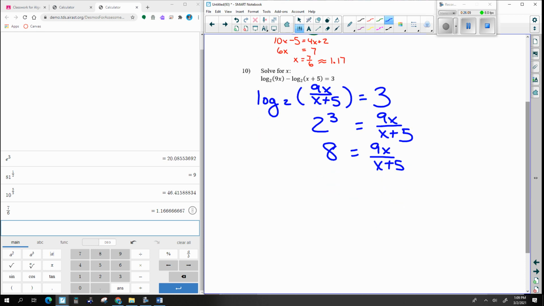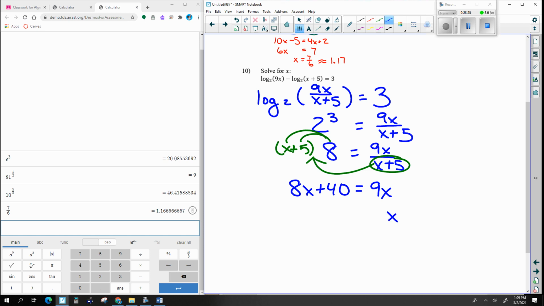All right, so I have this big old division, so I'm going to multiply this out. Again, I have to multiply into the parentheses, distributive style. So this is 8x plus 40 is equal to 9x. I subtract 8x from both sides, so that leaves 1x is equal to 40.